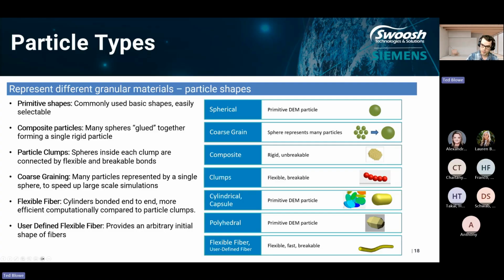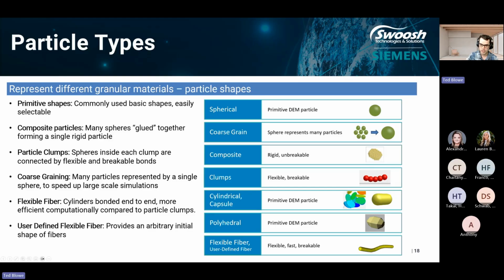So this is, again, a way of lightweighting your DEM type from a polyhedral to a cheaper option. Next is the clump, which is deformable and breakable, and a combination of multiple spheres. And this is important when flexibility, damage, or fragmentation must be represented.